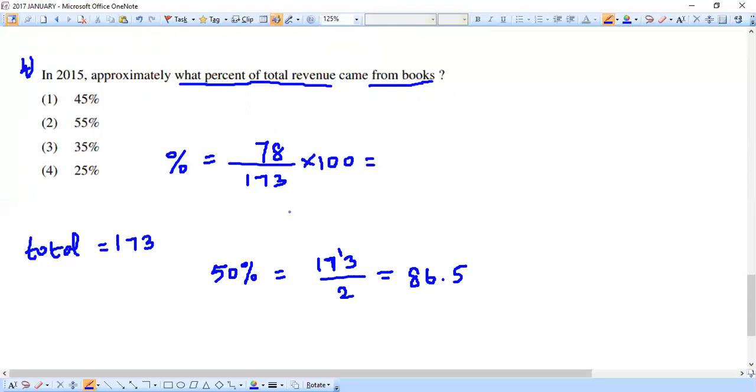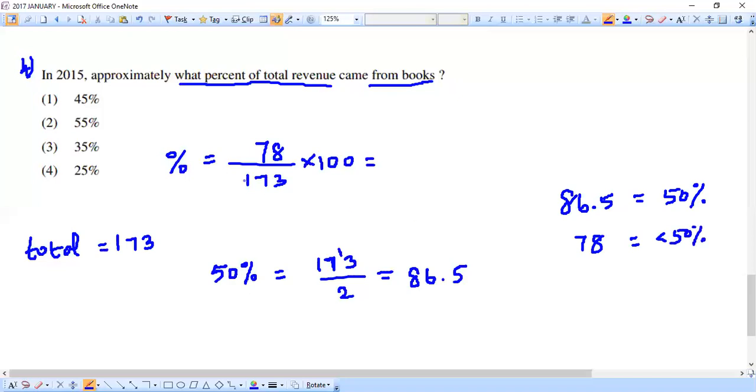And from this itself, we can very easily catch that for 173, this number 78 has to be definitely less than 50%. Is it or not? See here, I know that 86.5 itself is going to be 50%. Then in that case, 78 must be definitely something less than 50% only.